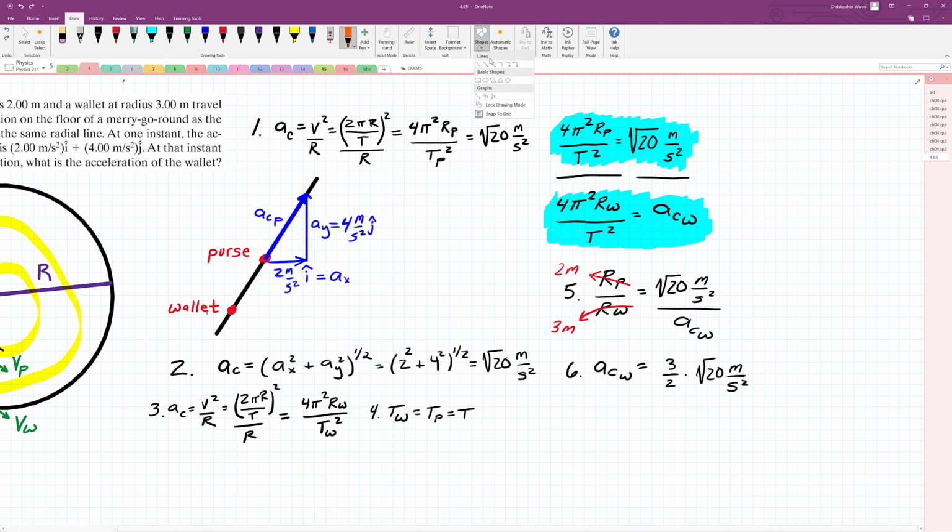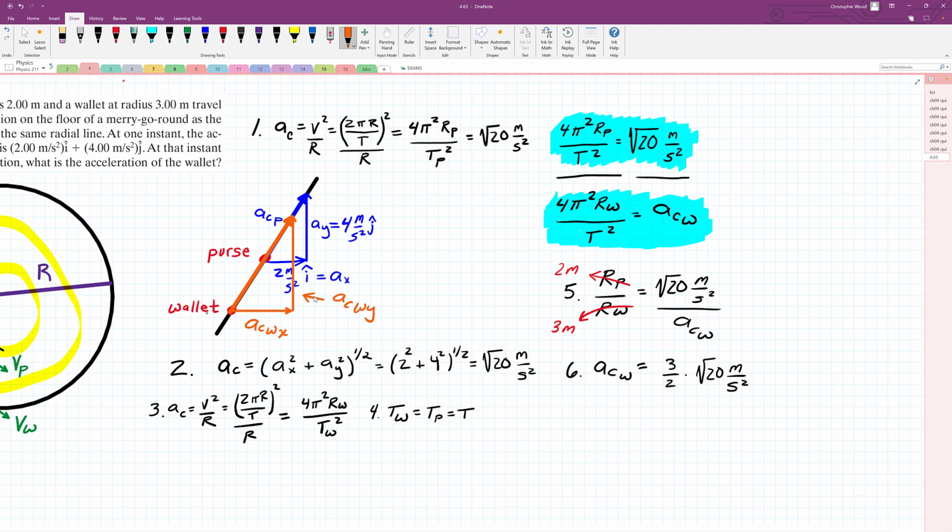I'm going to add my wallet's centripetal acceleration on the same drawing here, and I'll also add the x and y components. This is the x component of my wallet's centripetal acceleration. I'll write it like that. This is a_CWY, which I would read as the y component of my wallet's centripetal acceleration.